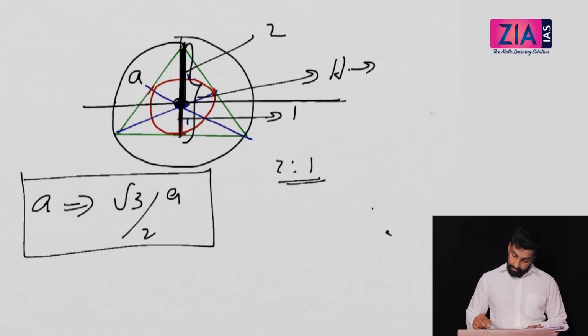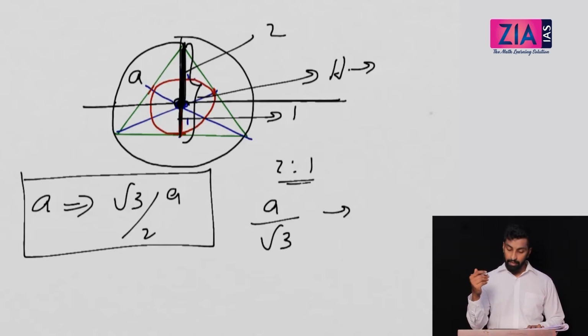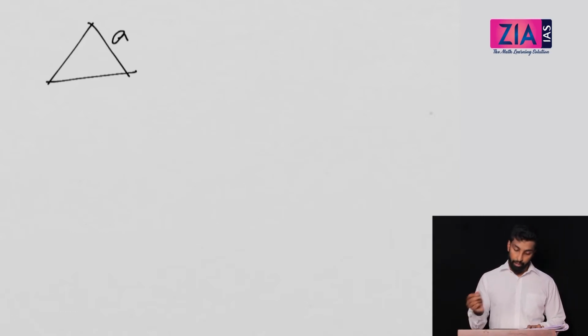So what all things we got is the radius of circumcircle, or the circumradius, is A by root 3. Then what will be the radius of the incircle? We know it will be half of it, right? So A divided by 2 root 3. So what all things we got? If you have an equilateral triangle, one side A is given, okay, what all things we got?